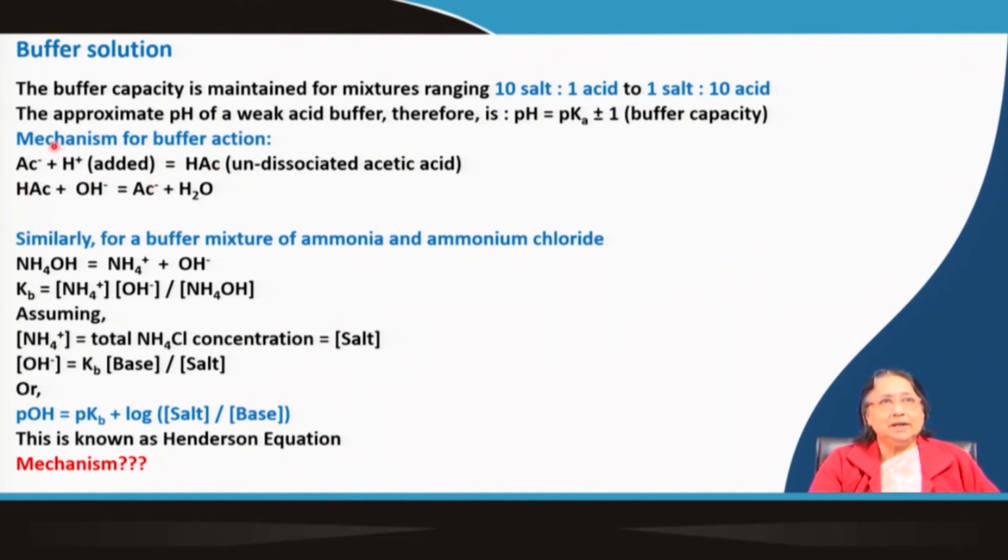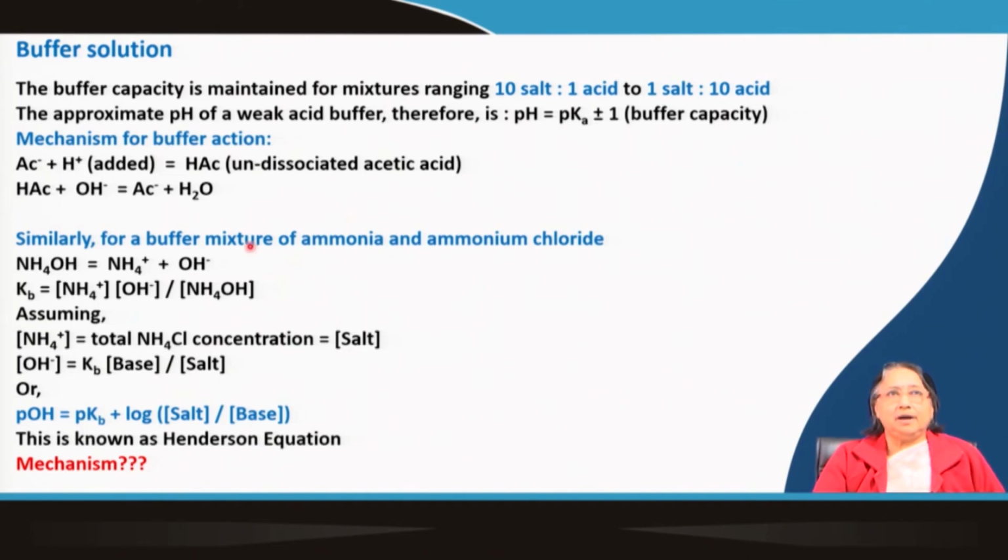In this way, the addition of H plus, of course small amount, or OH minus will be consumed in some way, and it will keep the pH of the medium almost constant. It is not exactly constant, it is almost constant. Very small change you will observe, not significant.